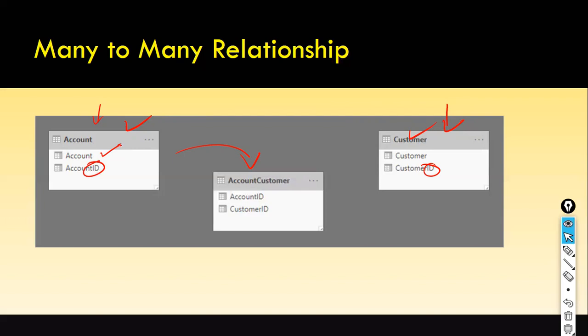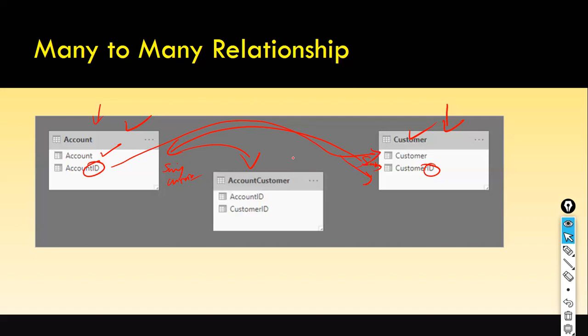See in this case, what happens is a single customer can have more than one account. Let's say, in my case, Satya, this guy has more than one account: one is the savings account, the other one is the current account. A single customer can have more than one account, and each account can be held by more than one customer.